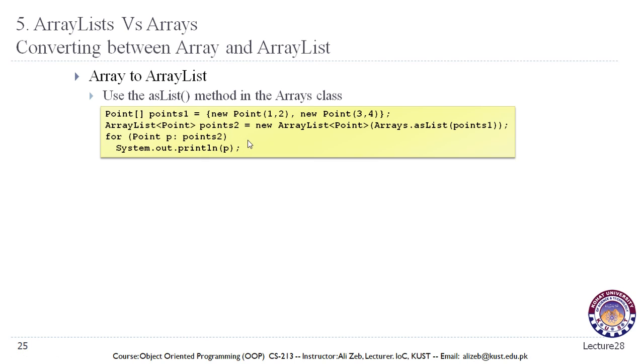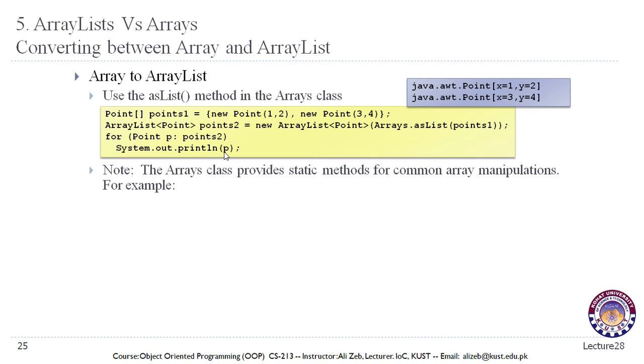If we want to convert this array to array list, as we can see over here, we are using the asList method of the Arrays class. This will convert this array points one array and store it in our array list. Then we can go through our array list and print the elements one by one, as we can see over here.